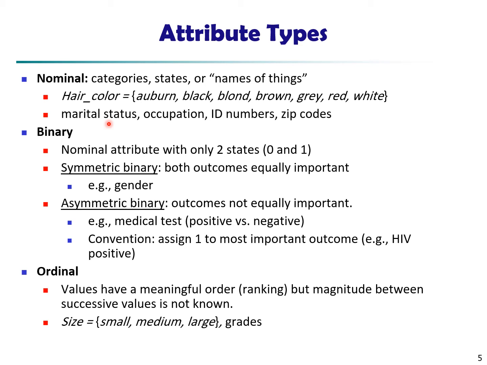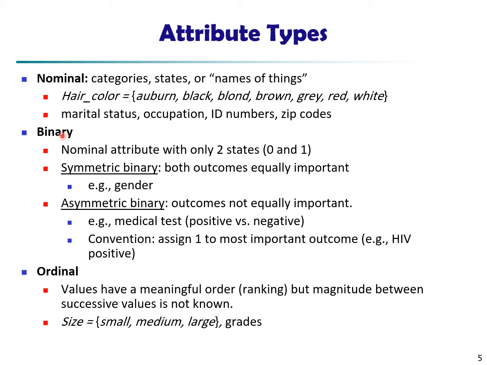They're only describing their marital state. Same goes for occupation and ID numbers. Having an ID number of 55 does not make you less than this person who has an ID number of 1. Okay? So this is a nominal attribute, or a nominal data type.